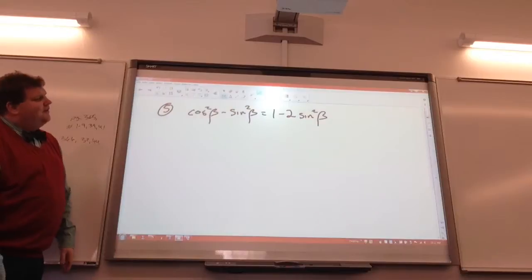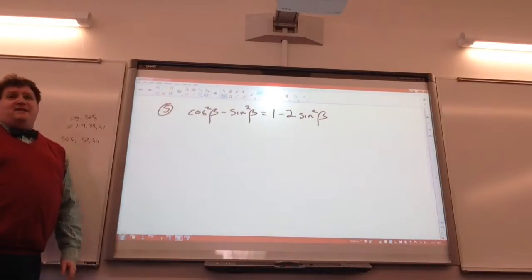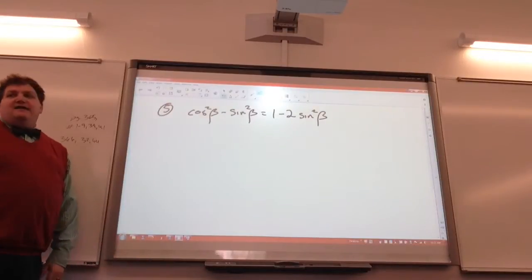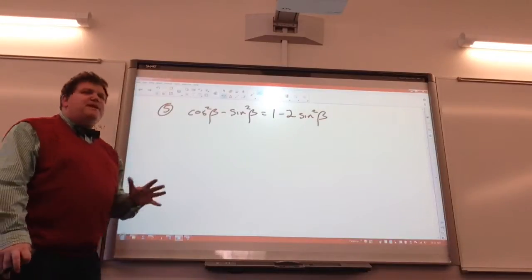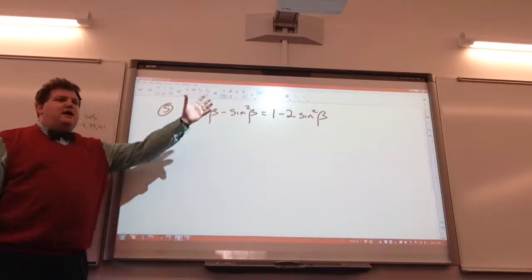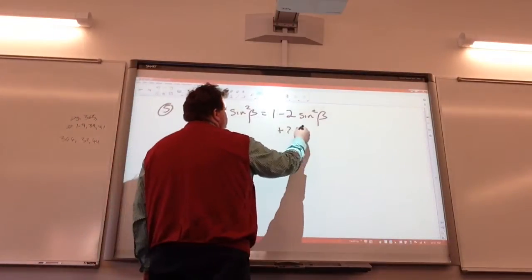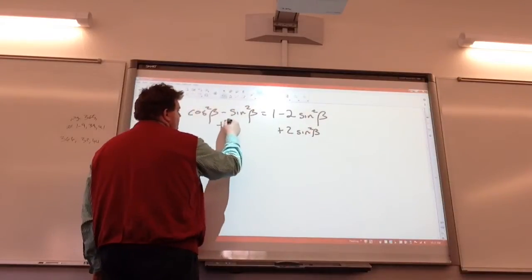So basically, like Carl, I would probably start on that side and say, okay, let's get rid of that 2 as fast as possible. Now, the only way we could do that is with algebra, by just simply shuffling everything around. Just because these things are tricky doesn't mean they don't follow the rules of algebra when it comes to an equation. So let's add 2 sine of beta squared to both sides.